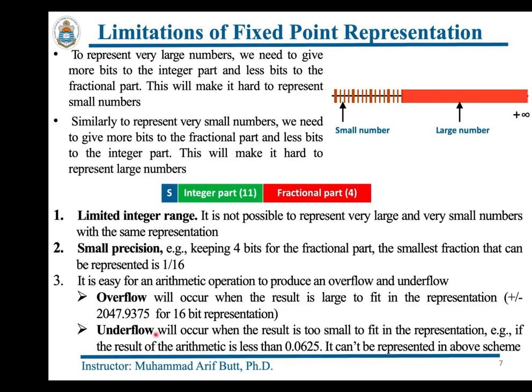And similarly, an underflow, which means when the result is too small to fit in the representation, will occur when the number is smaller than 0.0625. So it cannot be represented in this scheme.